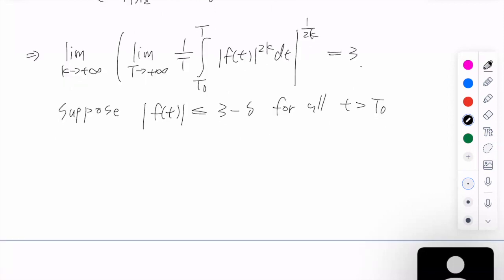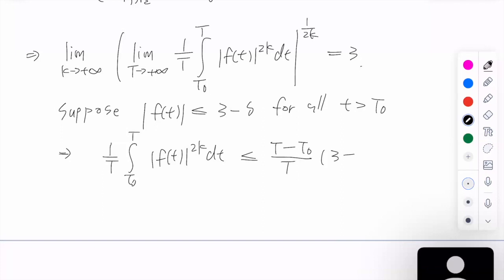This actually means that the whole thing, say 1 over t, integral from t0 to t of f(t) raised to the 2kth power, the whole thing is going to be less than (t minus t0) over t times (3 minus delta) to the 2kth power.